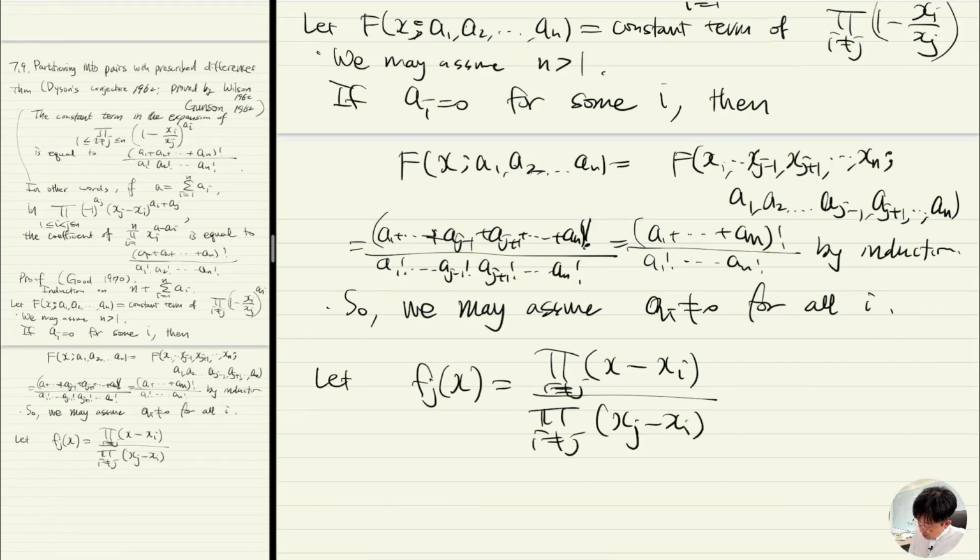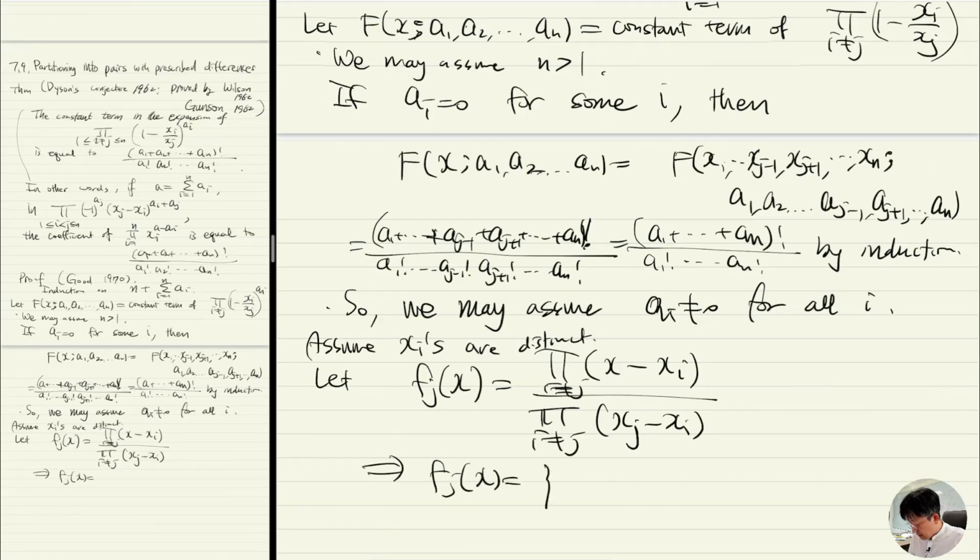So we think of the xi as constants and assume the xi's are distinct. Then fj(x) is 1 if x is equal to xj, and 0 if x is equal to xi with xi not equal to xj, right?